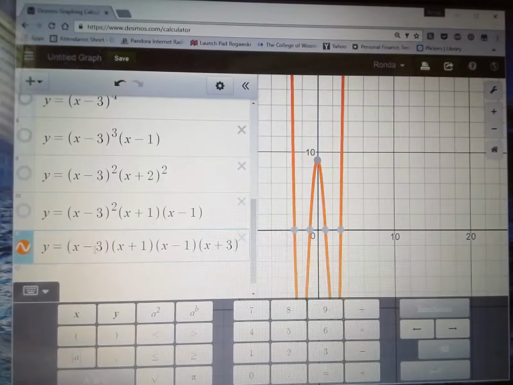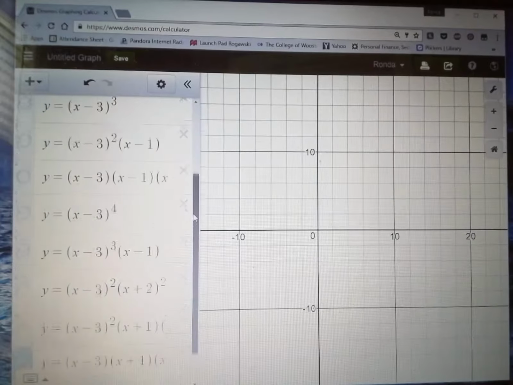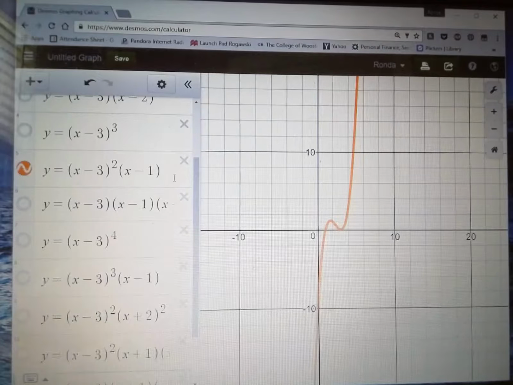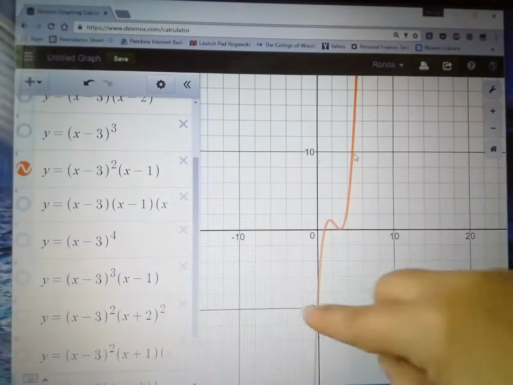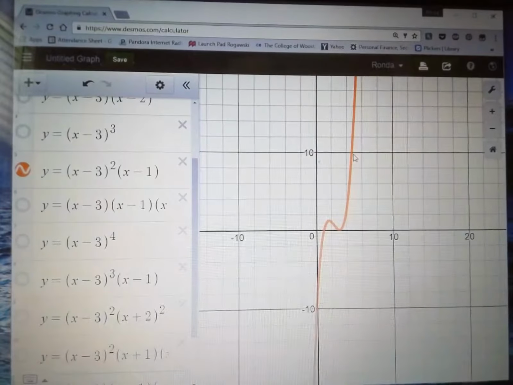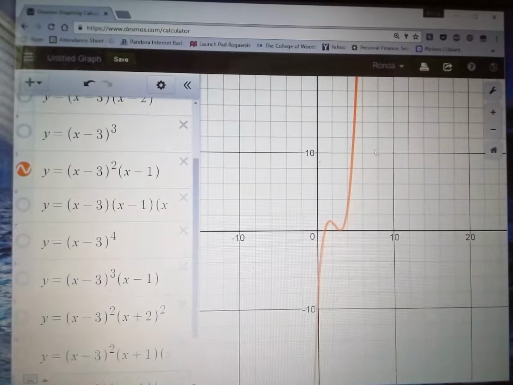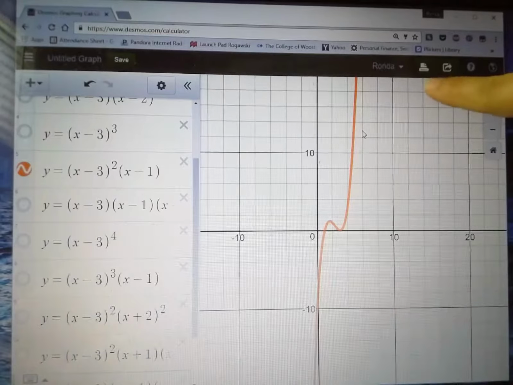Where if I have an odd polynomial degree, let me find an odd degree here. How about this one here? Then think in terms of x cubed, right? When the leading coefficient is positive, then I have this sort of opposite behavior. Here I'm rising, here I'm falling back here. So there's opposite behavior. Linear equations that have positive slope, they just rise and fall like this in the same direction as this one does.